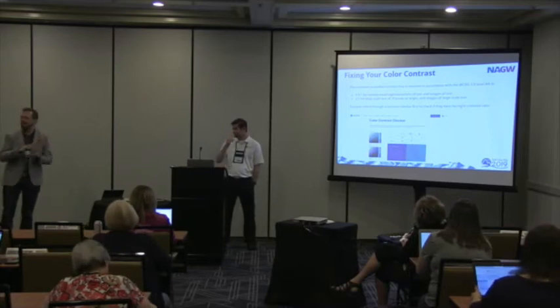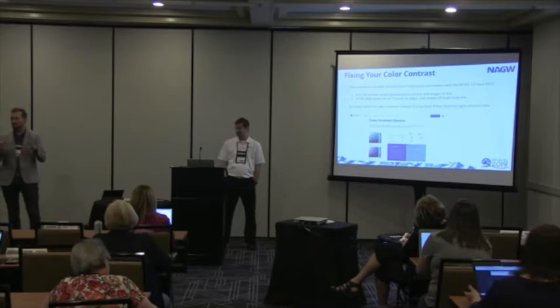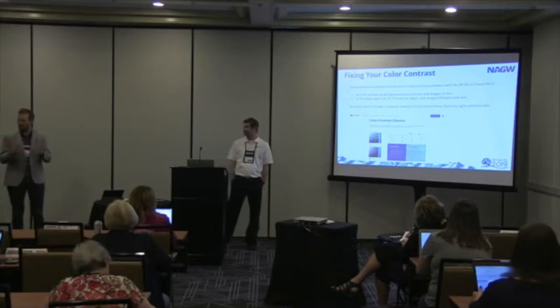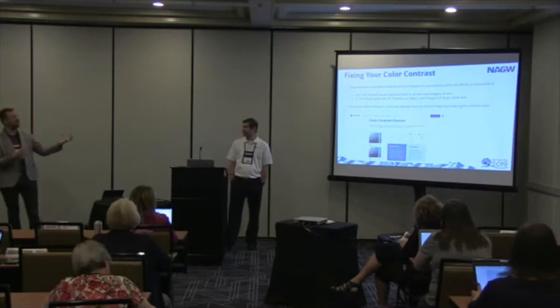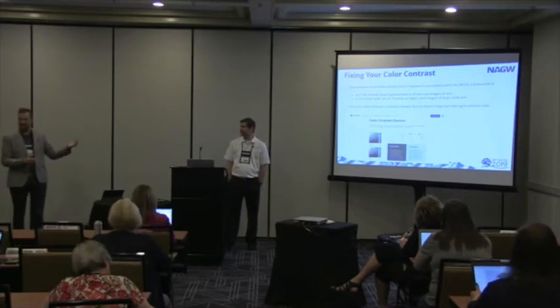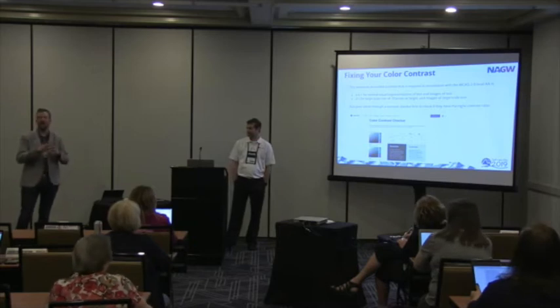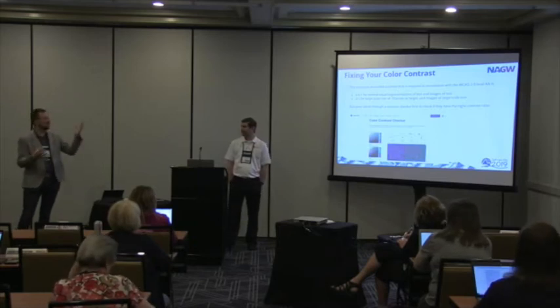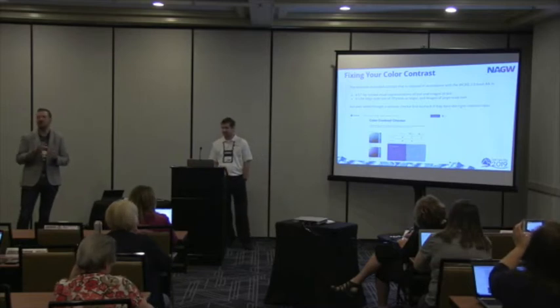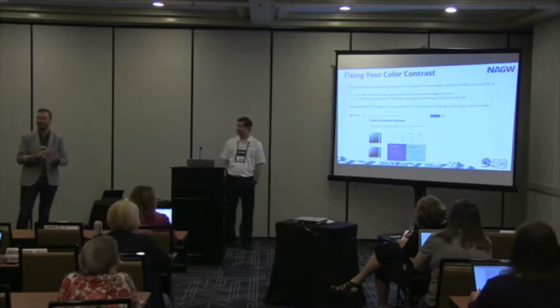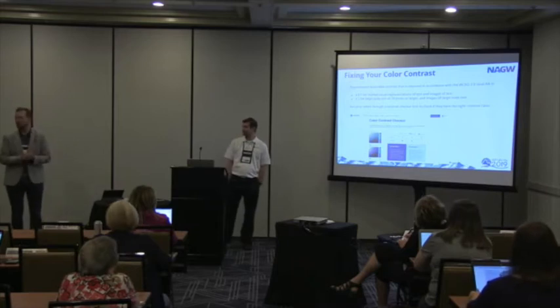That's kind of a big contrast. It will make it easy to read. It's being relaxed a bit for text or illustrations that are larger in size. So when you're up to 19 pixels or larger, is what the guidelines say, then you can relax that a bit and only use 3 to 1.